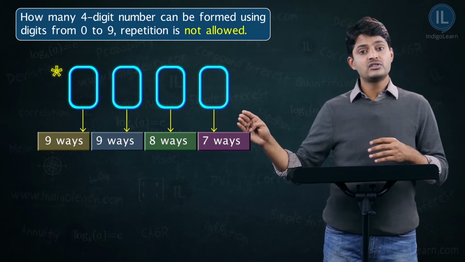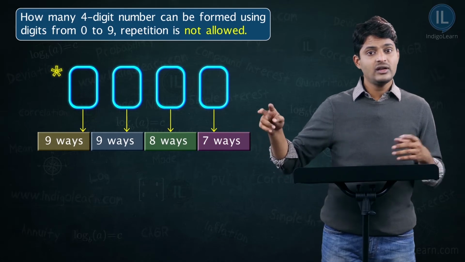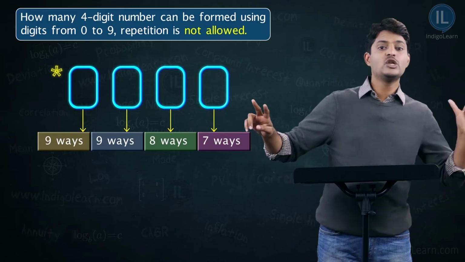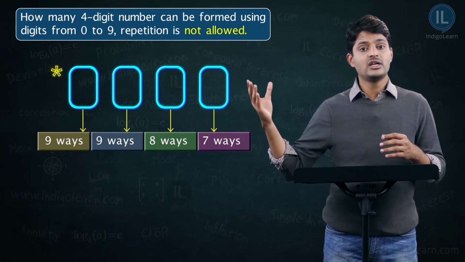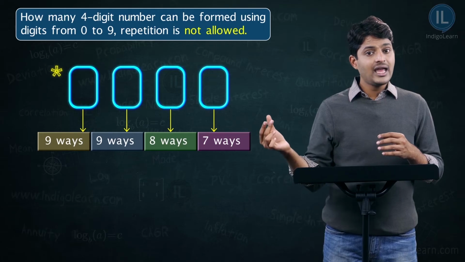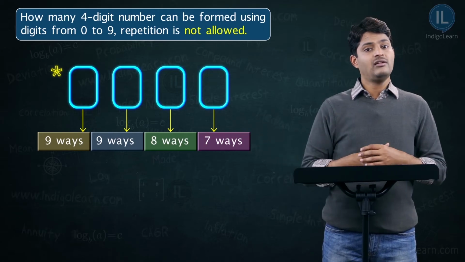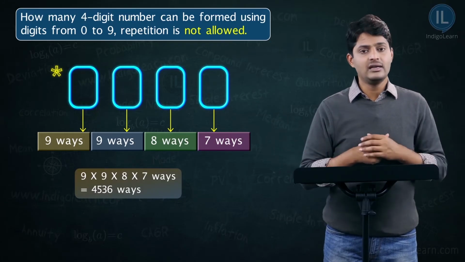So the number of options will remain 10. Originally you have 9, then minus 1 and plus 1, because one number gets subtracted, 0 gets added. So thousands position 9, hundreds position 9, tens position 8, units position 7. So 9 into 9 into 8 into 7, whatever that answer is.